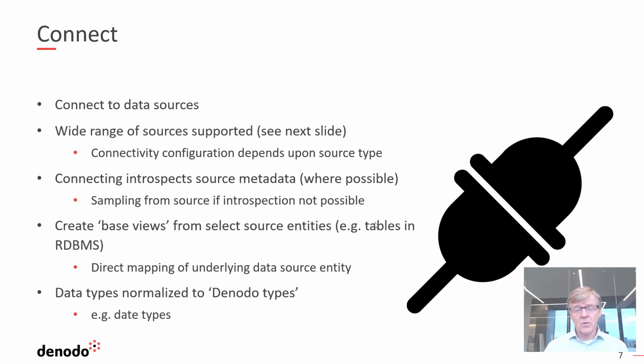I need to convert those to a common normalized date type, which we call, let's say, a Denodo date type, so that when I combine that data and do date filtering, I don't have to worry if the date comes from the Oracle database, the Excel spreadsheet or the log file. So they're all normalized into Denodo types, a Denodo date type, which very closely corresponds to the SQL-based date types. It is based on Java, but it very closely corresponds to the SQL types. So that is what we do with the base view.